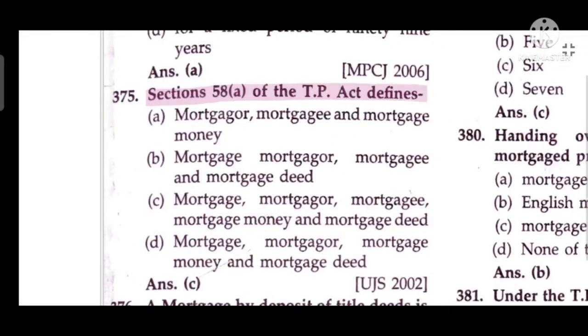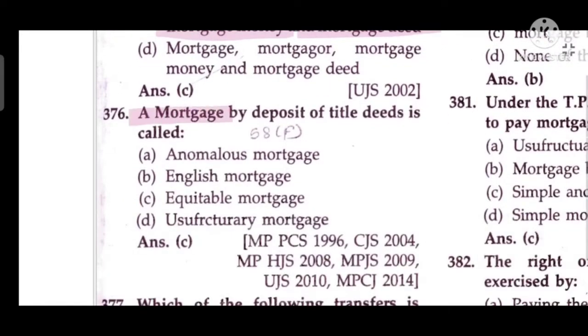Section 58A of TP Act defines mortgage, mortgagor, mortgagee, mortgage money, mortgage deed. A mortgage by deposit of title deed is called equitable mortgage.